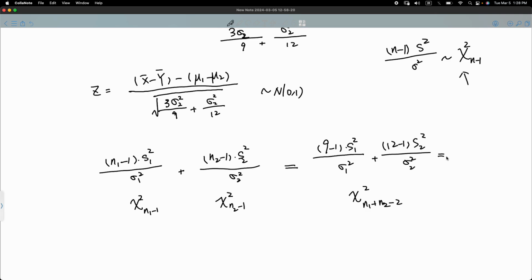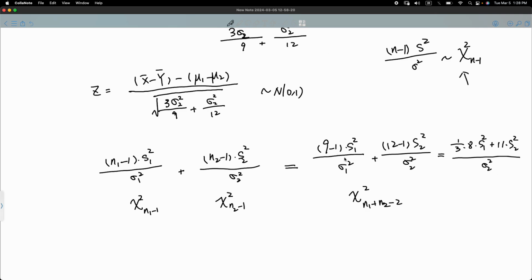This can be further simplified to 1 over 3 multiplied by 8 s1 squared plus 11 s2 squared, all over sigma 2 squared.